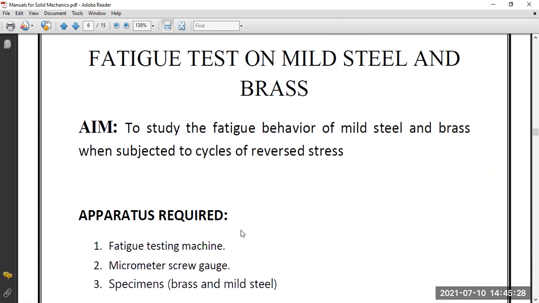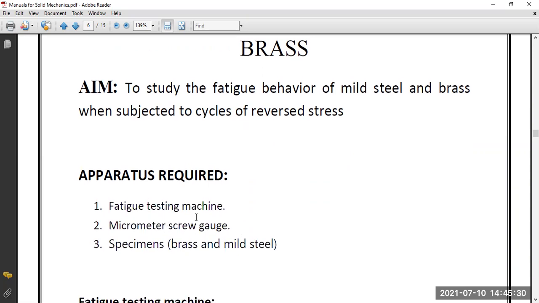Apparatus required: the fatigue testing machine, a screw gauge or micrometer, and specimens of brass and mild steel.